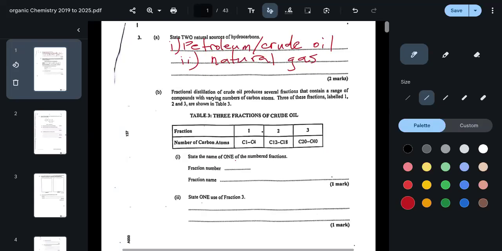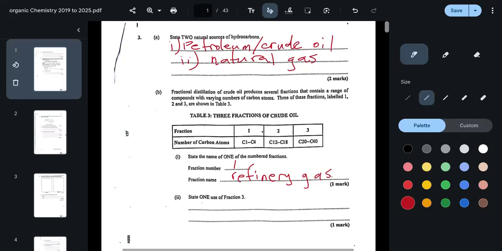So fraction number one is refinery gas. I remember in the diagram I showed you, it's mainly for domestic use, so put for cooking.